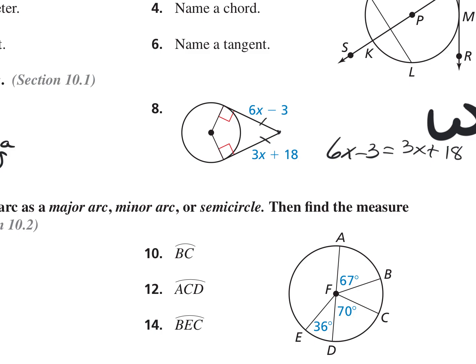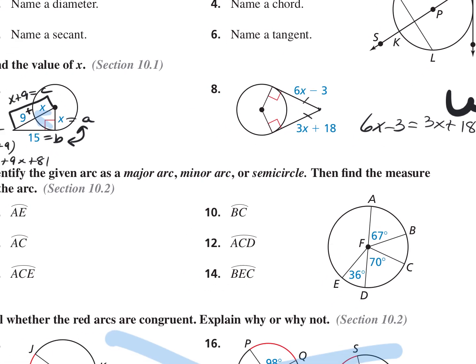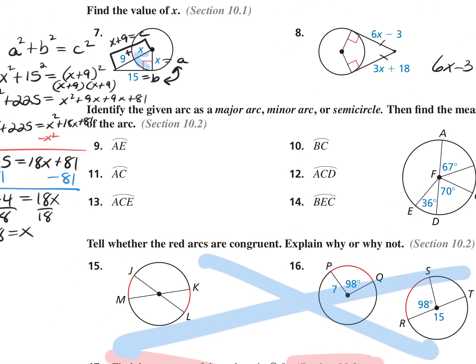And then you would solve it. And then questions 9 through 14, this was just like what we did in the warm-up. You're going to go ahead and find the angle, the arc measure, and classify it as either major, minor, or semicircle arc.